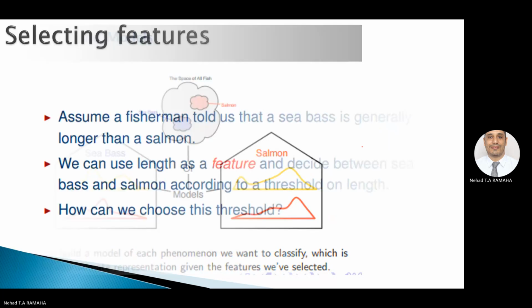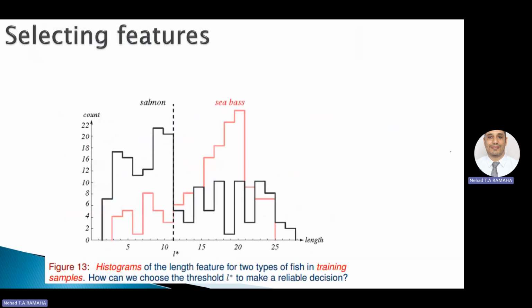So usually for features like this, for example, here's the length and how many fish we have for each length. If you see a fisherman with a sea bass, it has length more than the salmon.